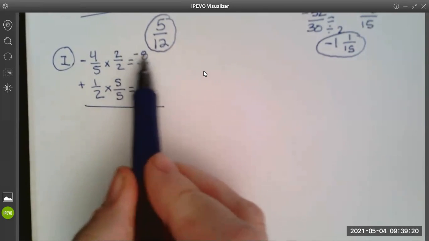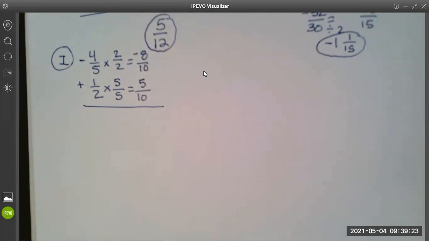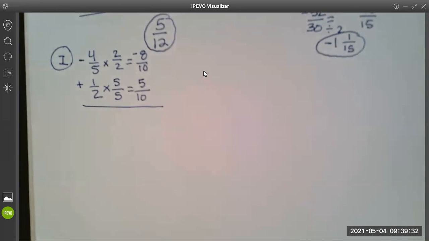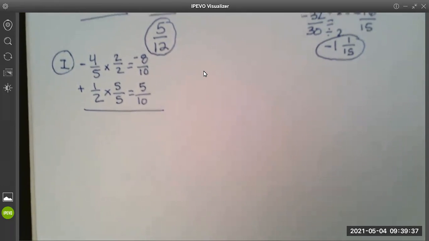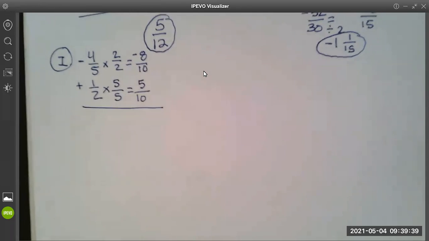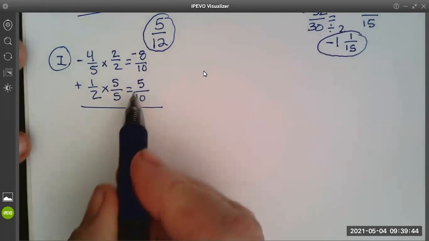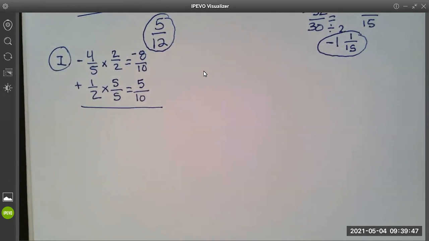Now this just says negative 8, positive 5, right? So when we don't have the same sign, what are we supposed to do? Subtract and keep the sign on the bigger one. So what is this going to become? So 8, take away 5, and then what would the sign be? Negative 3/10.